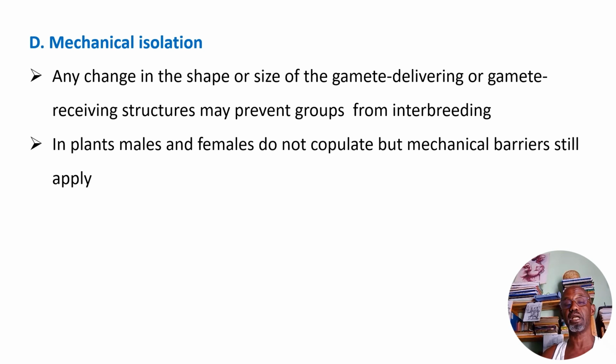You see, still mechanical isolating mechanism prevents plants. There is no copulation or sexual intercourse, but the pollen, after pollination, reaches the stigma. The stigma produces a mechanical barrier, membrane barrier, preventing the pollen from forming pollen tube and migrating into the ovule down there in the ovary. This is mechanical isolation, of course.